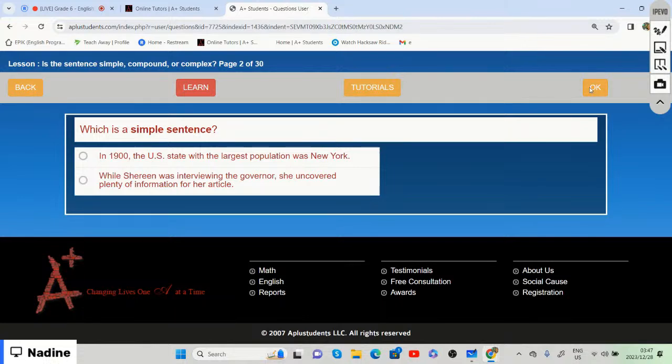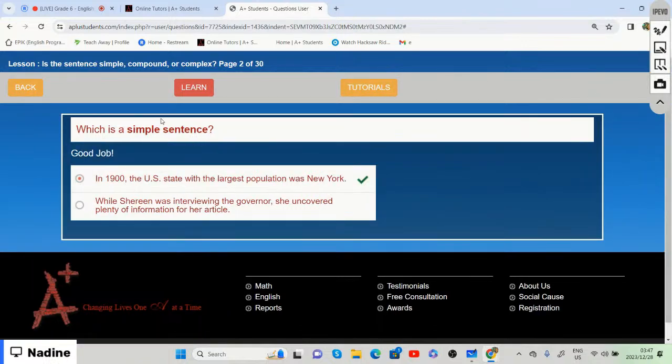So, option 1 or option 2. And if we select the simple sentence, we can say in 1900, the US state with the largest population was New York.